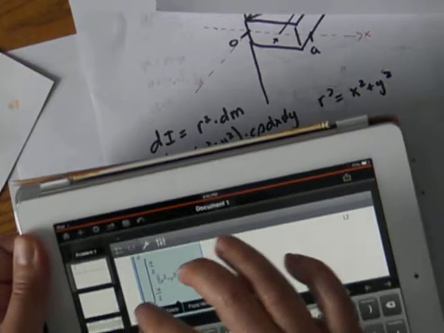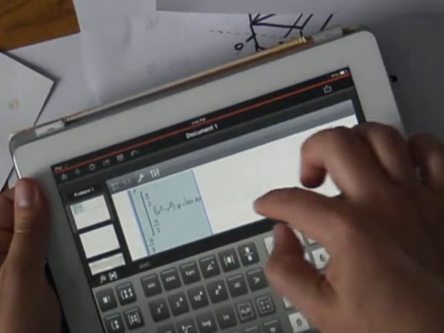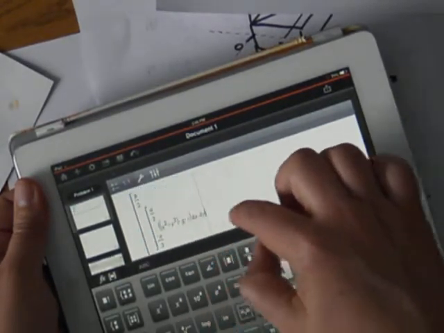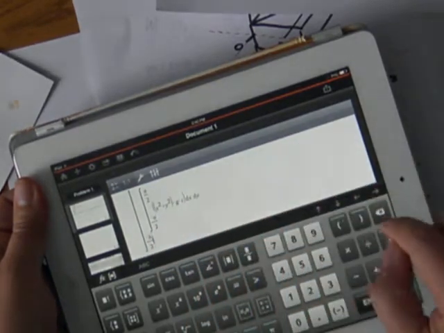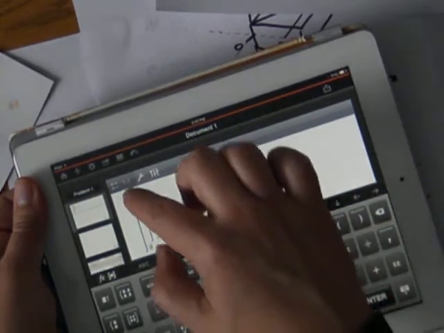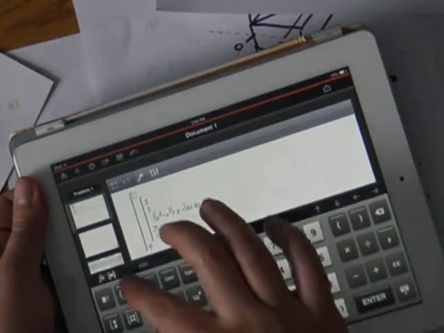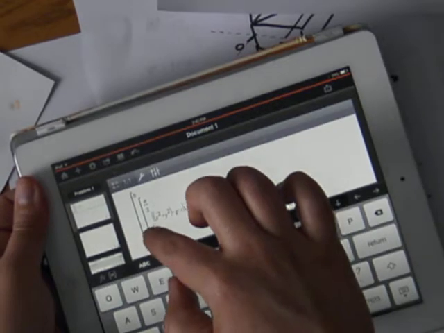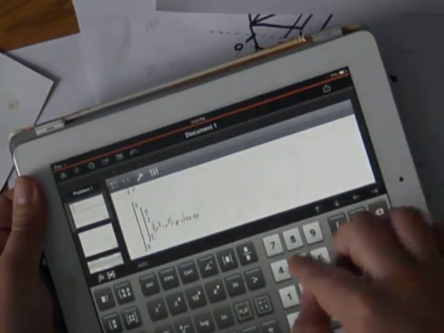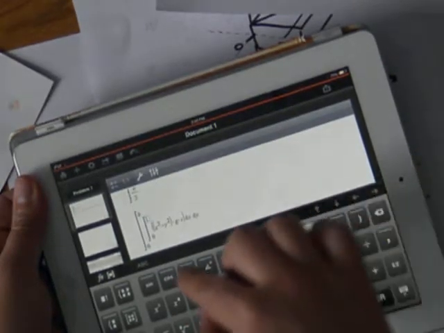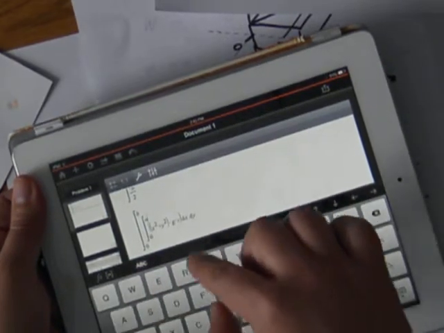I'm now going to use my Inspire on my iPad. All I'm going to do is change the bounds, so y will now go from 0 to b. x will go from 0 to a.